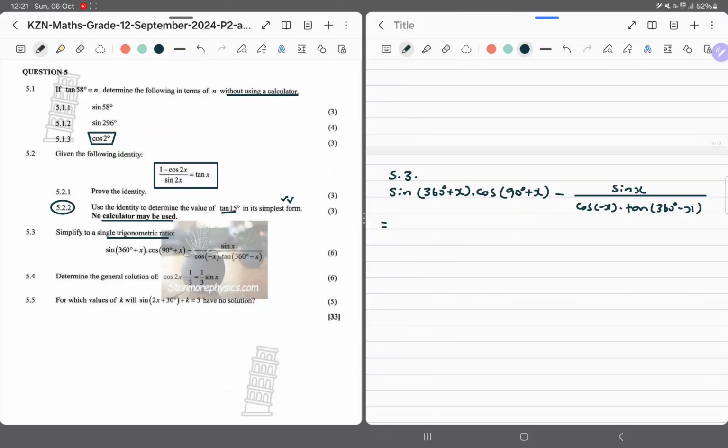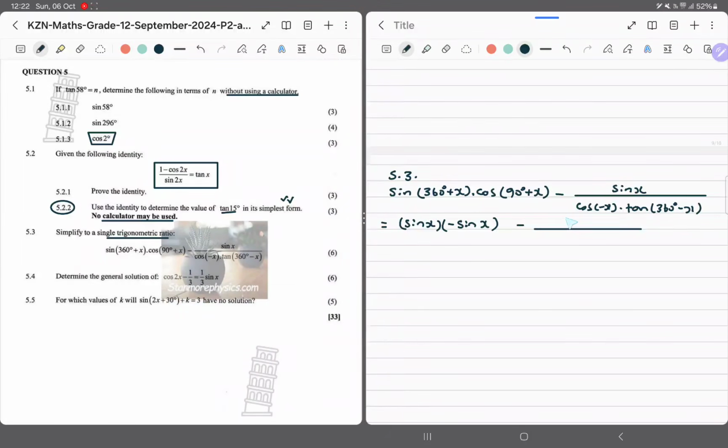This is easy. So we know the reduction formulae here: sine of 360 plus x, in principle, that's the first quadrant, so sine is positive, so it's sine x, times, now cos of 90 plus x means we need a co-ratio, but cos of 90 plus is the second quadrant. This is negative, so the co-ratio, which is sine, will be negative.